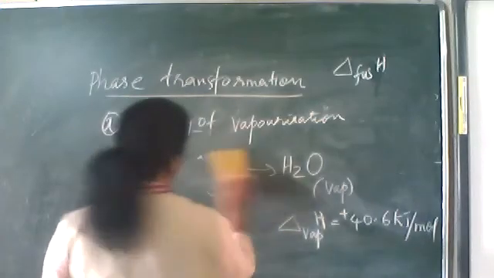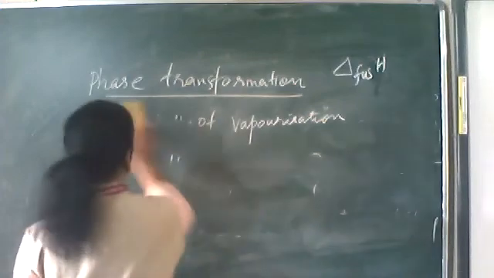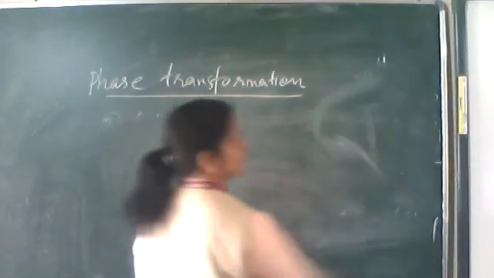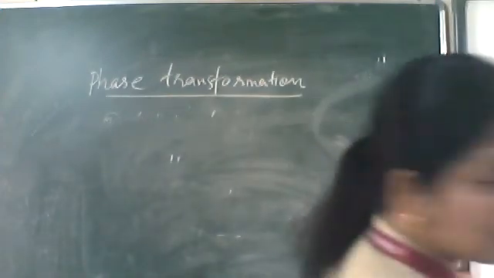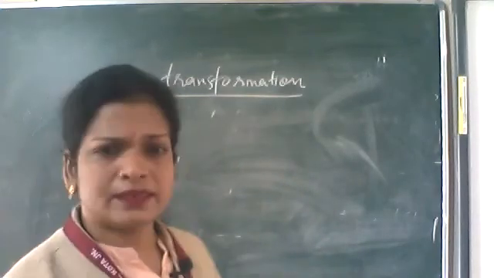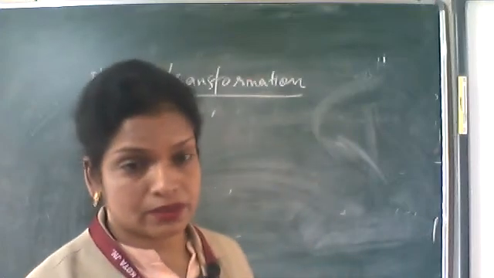You know that camphor sublimes, naphthalene sublimes. What all things are sublimable? Ammonium chloride sublimes. These go directly from solid state to vapor state, gaseous state.